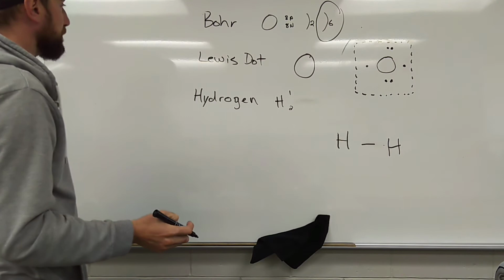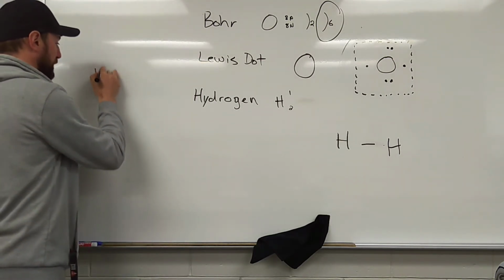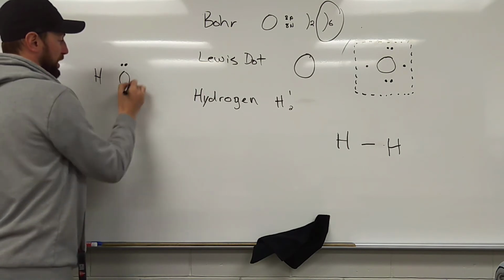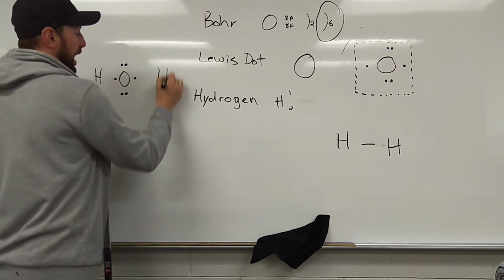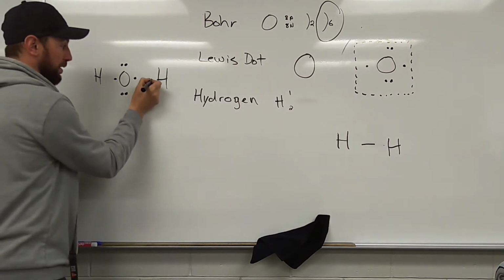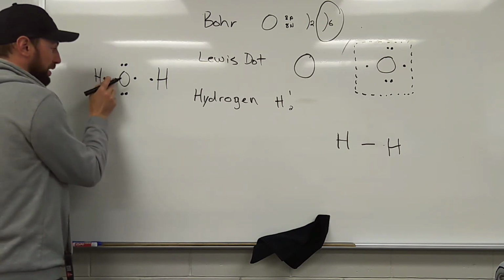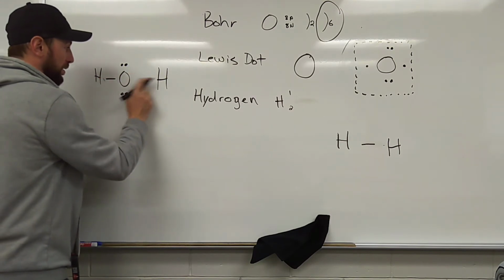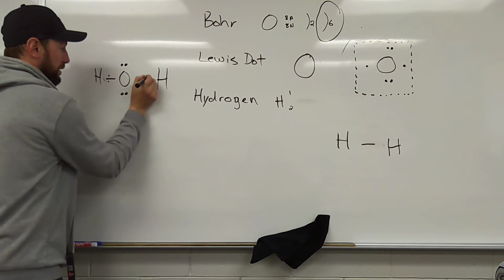So if we were to do H2O, hydrogen, oxygen, oxygen we know has 6. Hydrogen each has 1. Now these can be represented by a line, because you know that this is really like this.